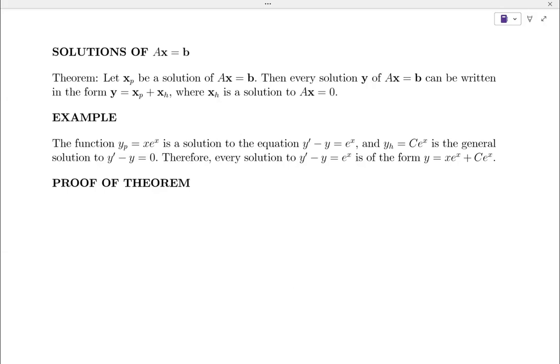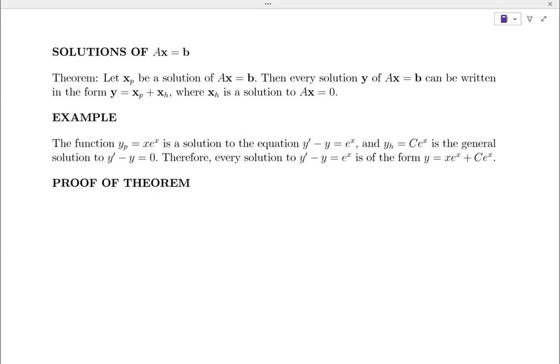So what does the theorem say? It says that I can write every single solution to a consistent non-homogeneous system as that one particular solution and then add on some homogeneous part. We know that homogeneous systems, if they have non-trivial solutions, give you infinitely many.